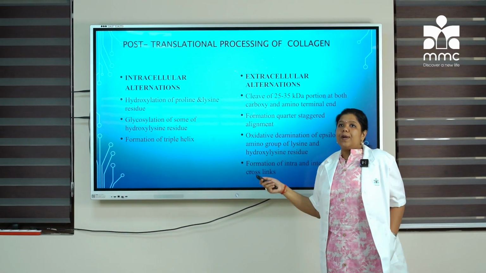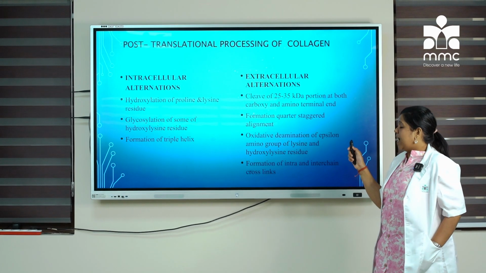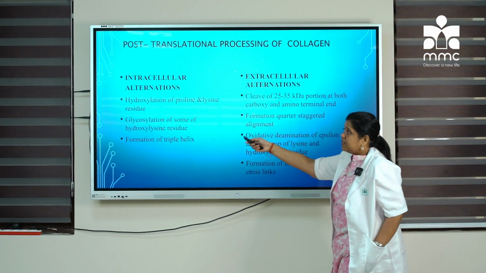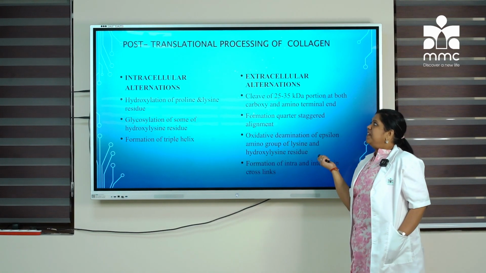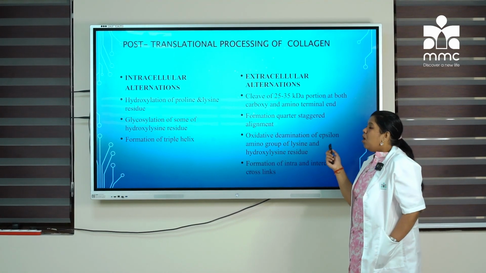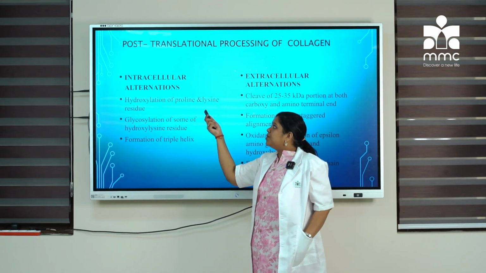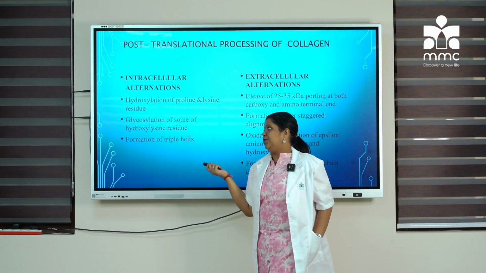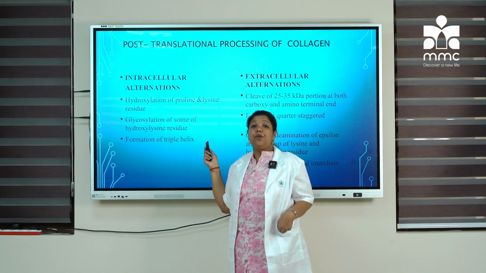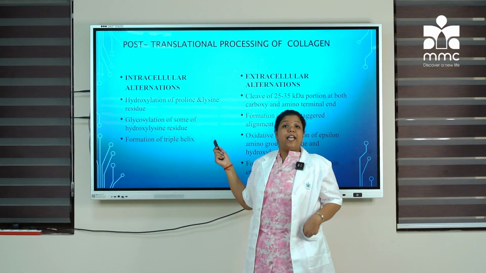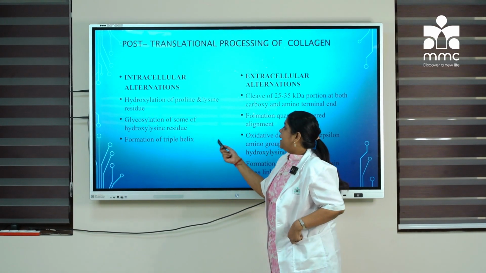This is the overall process that takes place in the formation of collagen, that is, intracellular alterations and extracellular alterations. What happens in the intracellular alteration? There is hydroxylation of proline and lysine residues, then glycosylation of some hydroxylysine residues, and there is formation of the triple helix.